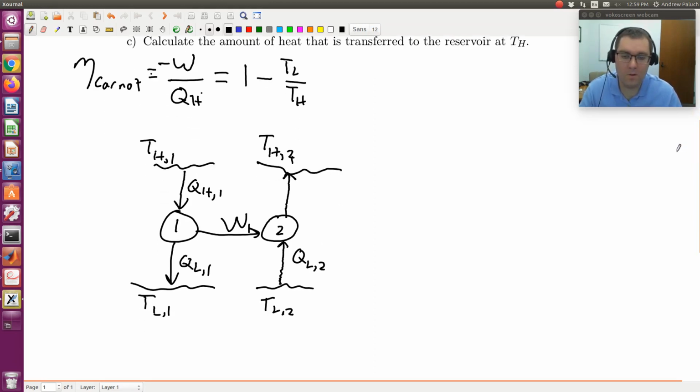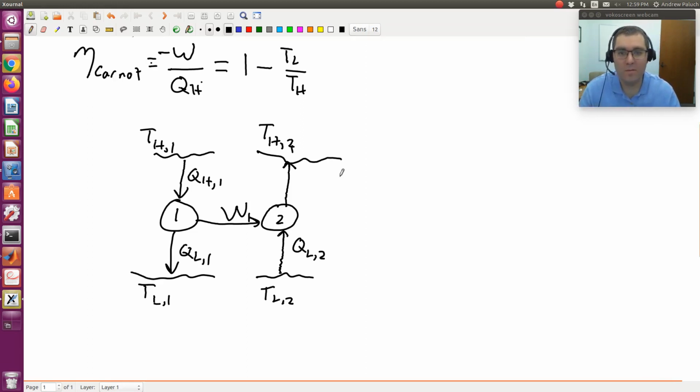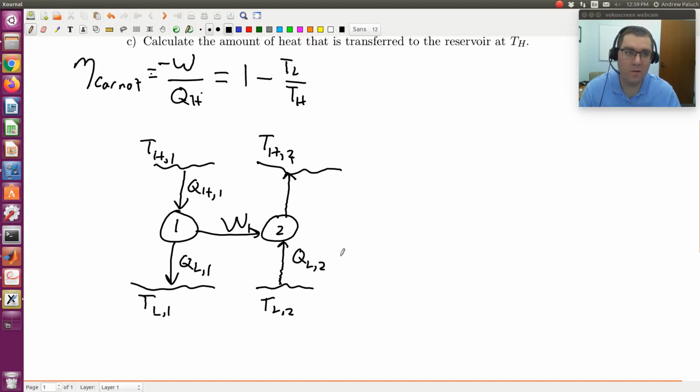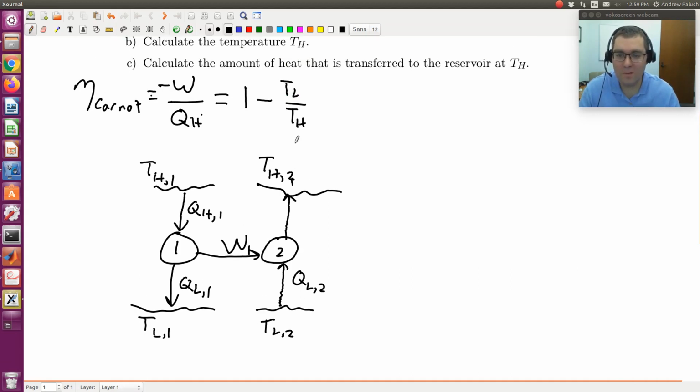So it's going to take work in as an input, and it's going to move heat from a low temperature reservoir to a high temperature reservoir. Cool. Hey, this seems kind of like an air conditioner, in which we're rejecting heat outdoors. But let's see what we've got here.